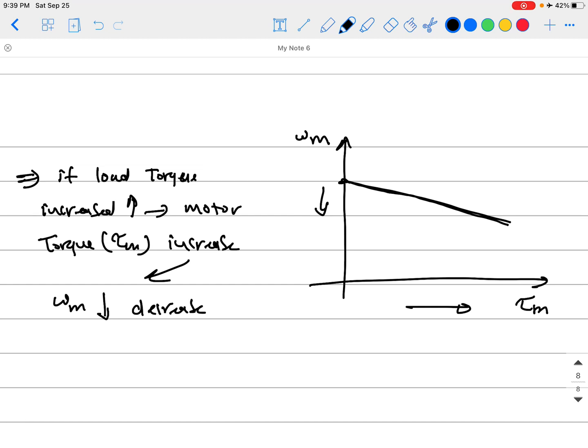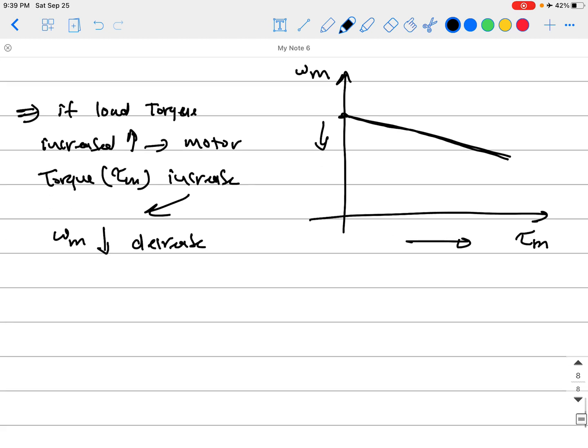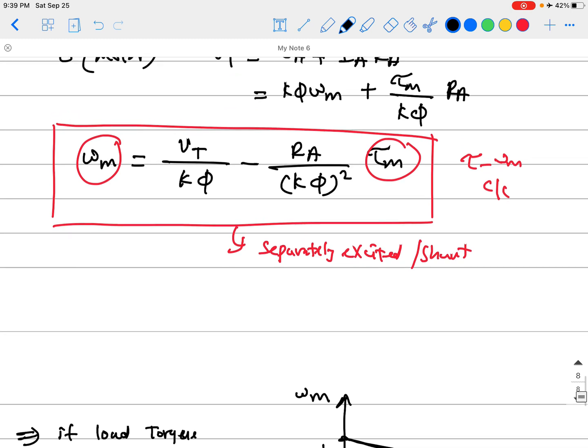So if the mechanical load attached to the motor starts going up, the motor has to develop more torque to supply the requirements of this load. So the motor will generate more torque, but this comes with a cost: the speed of the machine will start dropping down like this. Okay guys, that's coming from this equation if we keep everything else constant.